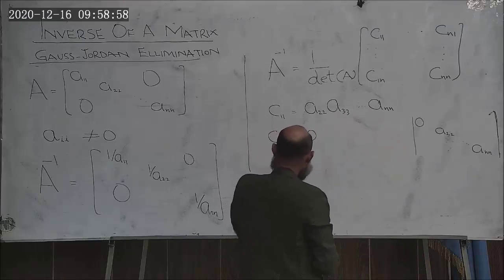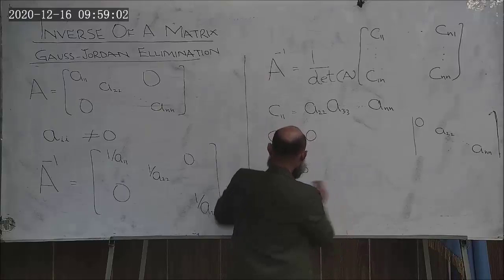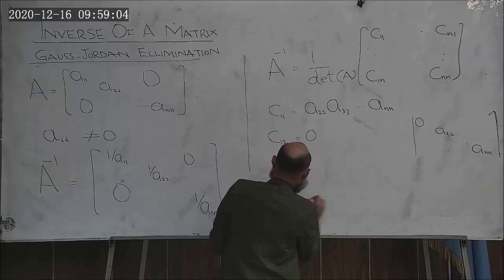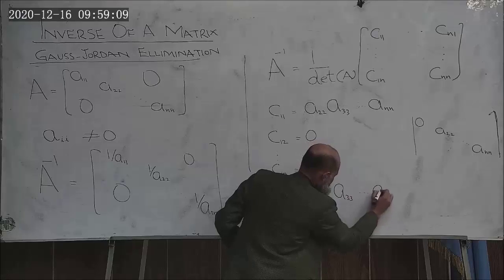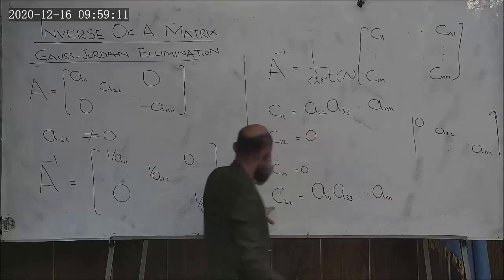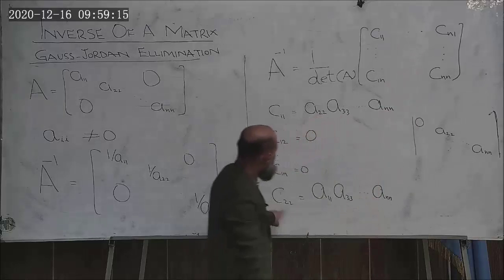You will find that C22 is equal to, what is C22? A11, A33 up to ANN, and all other entries over here will be 0.